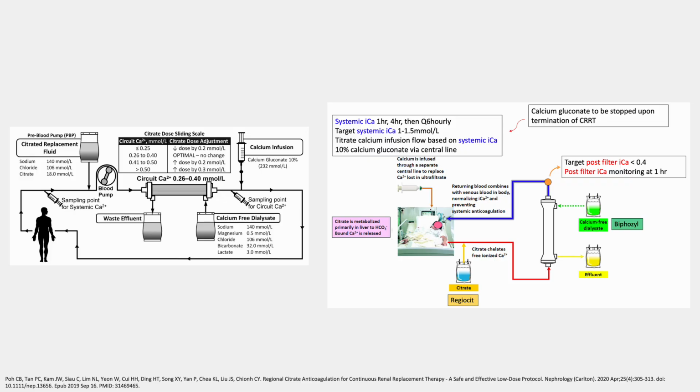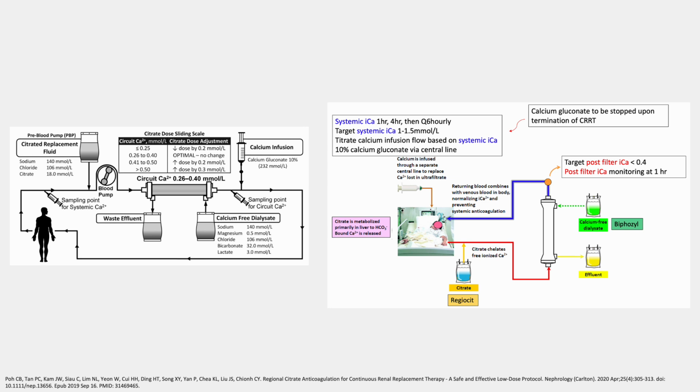So these two diagrams basically show how a regional citrate anticoagulation circuit is set up. So starting with citrate replacement fluid, this is typically administered pre-filter, and nowadays we have developed replacement fluids that contain citrate. So fluids like Rejosit are citrate-containing fluids, and this is administered pre-filter.